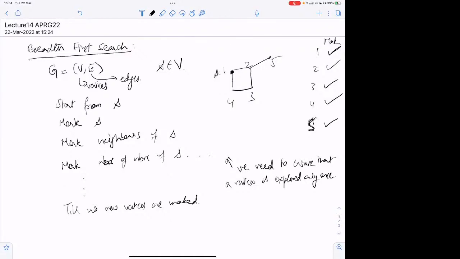Now, if you knew which nodes you had explored, so you have explored this node, you have explored this node, now you explore another marked node, like 4, then you explore 3, then you explore 5, something like this, correct? So you have to have a tight procedure in which you want to do this, correct?